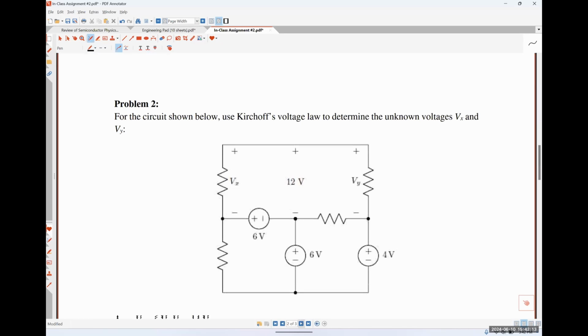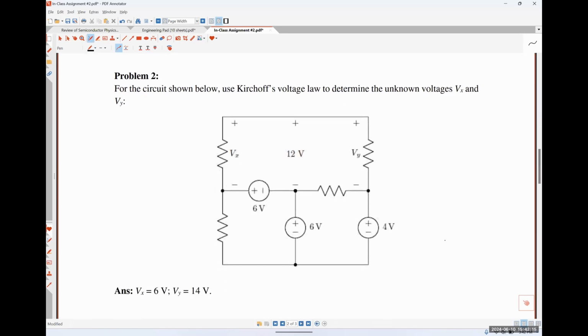Okay. So for this circuit, we are supposed to use Kirchhoff's voltage law to determine the unknown voltages Vx and Vy. So this is another one of those where we have this weird voltage of 12 volts just kind of in the middle of the circuit. So I want to explicitly explain what it means.